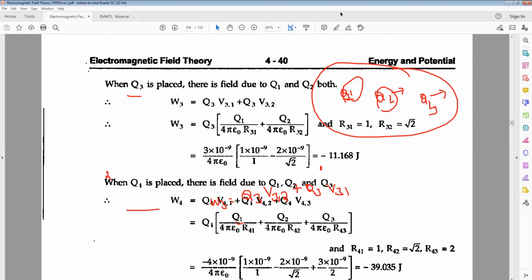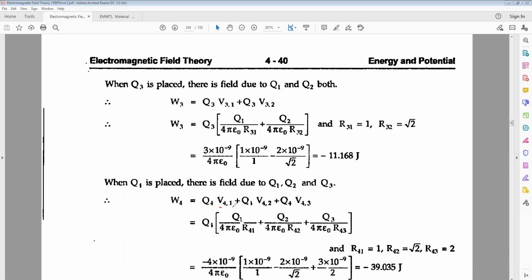So W4 is equal to Q4 into V41, V42 and V43. Due to charge 1 there is work done, and due to charges 2 and 3 as well, forces are exerted on Q4.